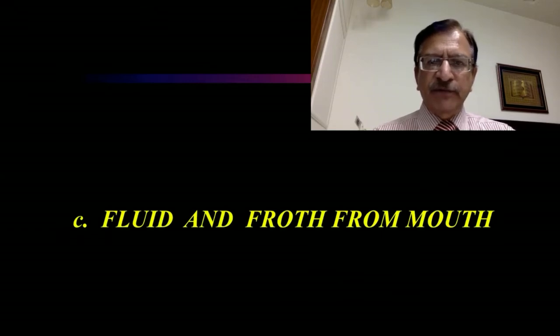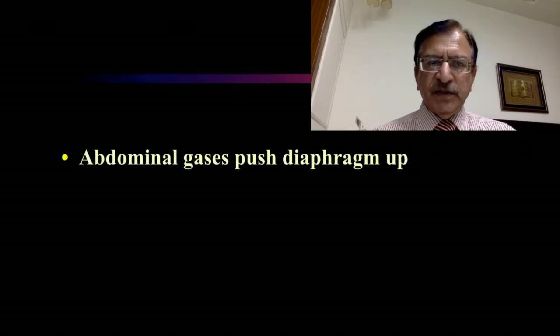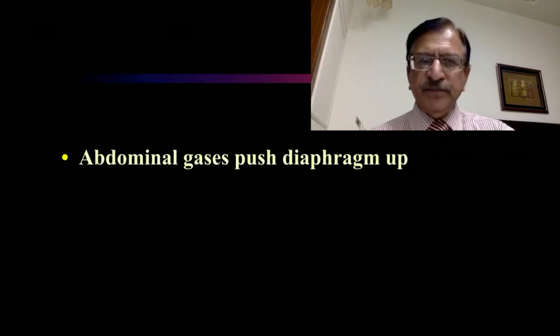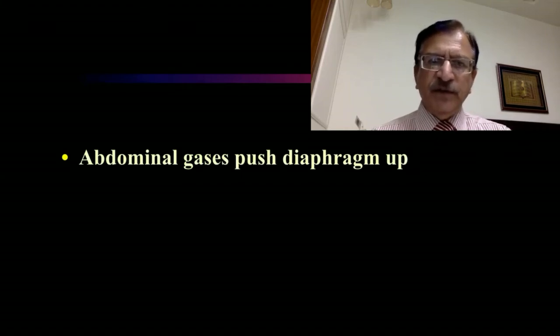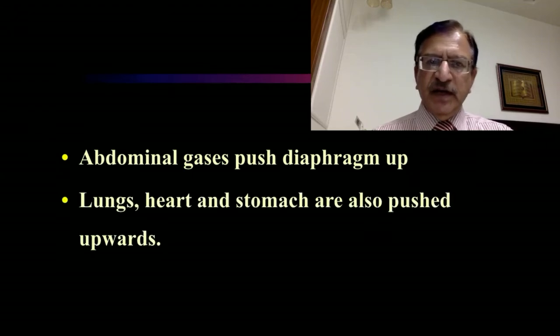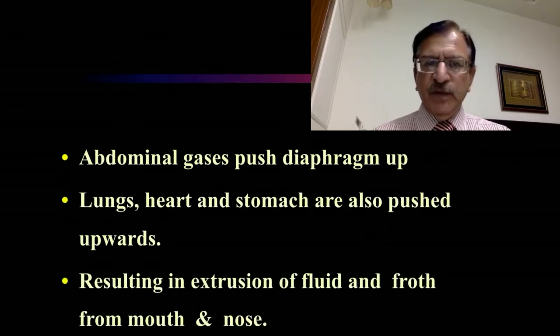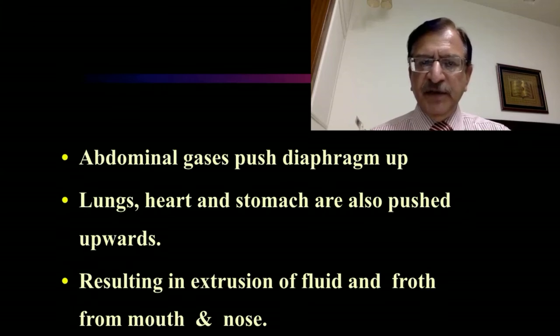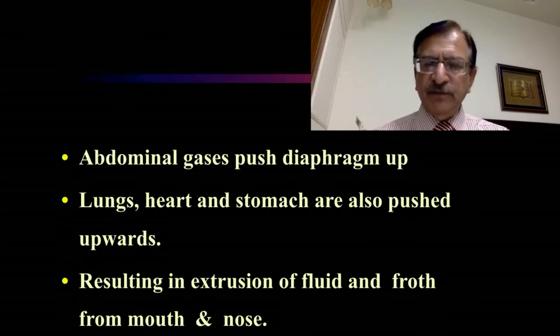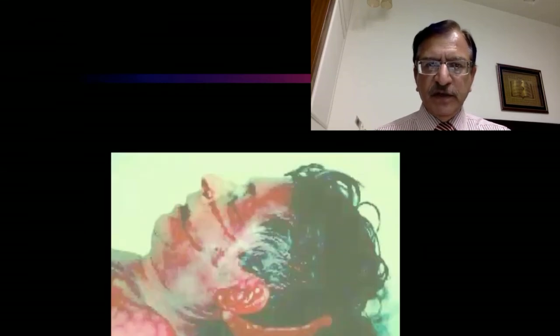Then the fluid and froth which is emitted from the mouth is because of the pressure of the abdominal gases which push the diaphragm up. The lungs, heart and stomach are pushed upwards, which results in emitting out of fluid and froth from the mouth and nose, like this.